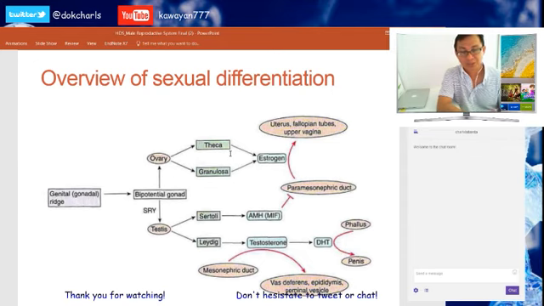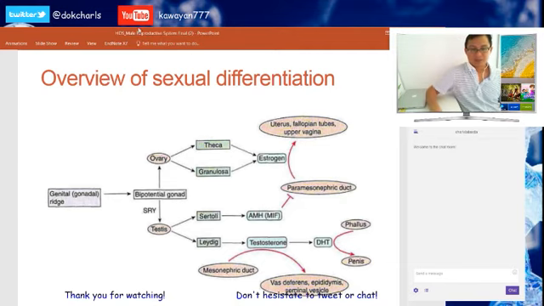Through your SRY gene, in the absence of any stimulation, the embryo would eventually develop into a female.